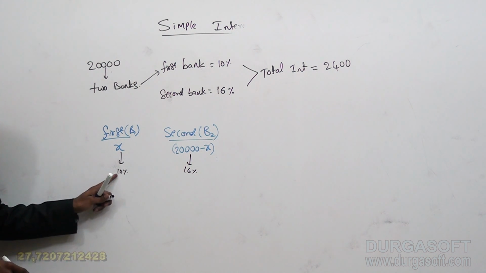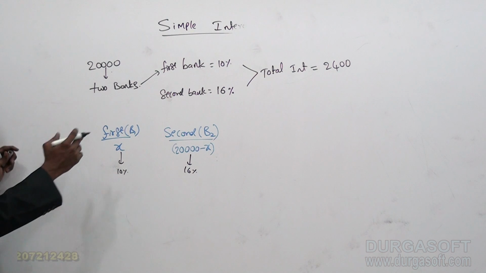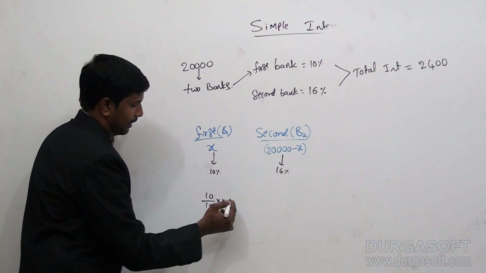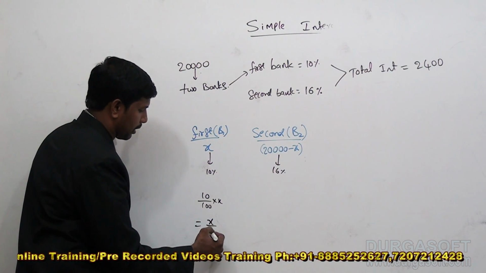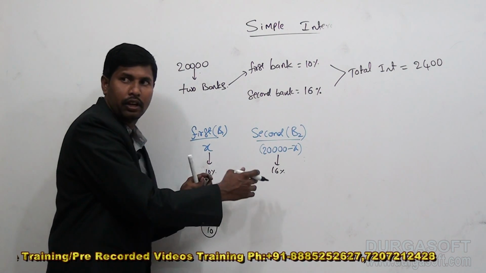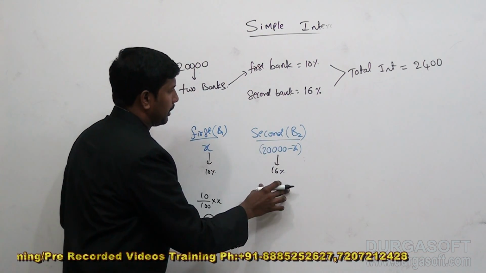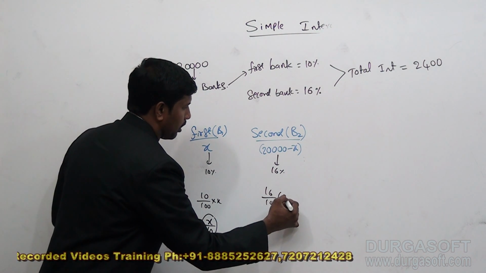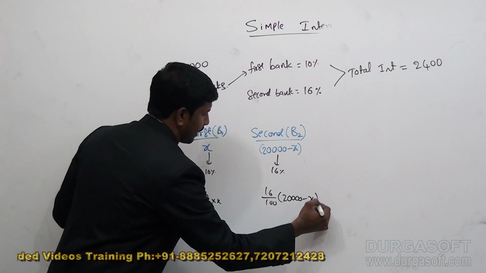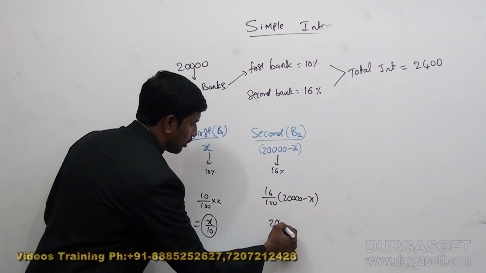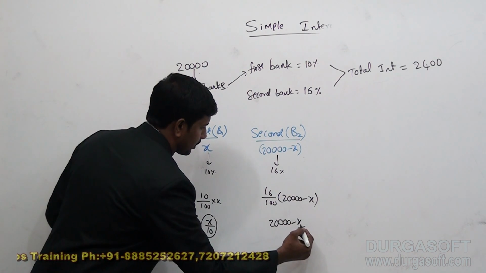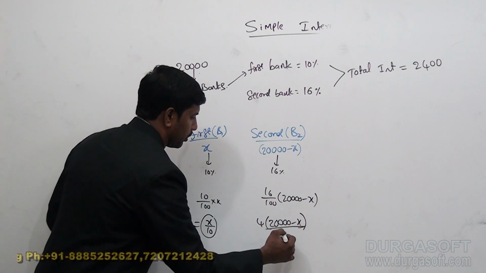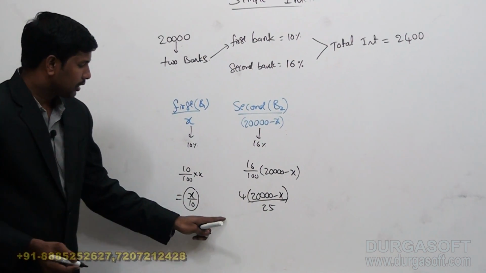Now you can calculate the interest on X at 10% per 1 year, that is 10 by 100 into X, which is equals to X by 10. And here you can calculate the interest on the second as 16% of 20,000 minus X. So it is nothing but 4 into 20,000 minus X by 25.